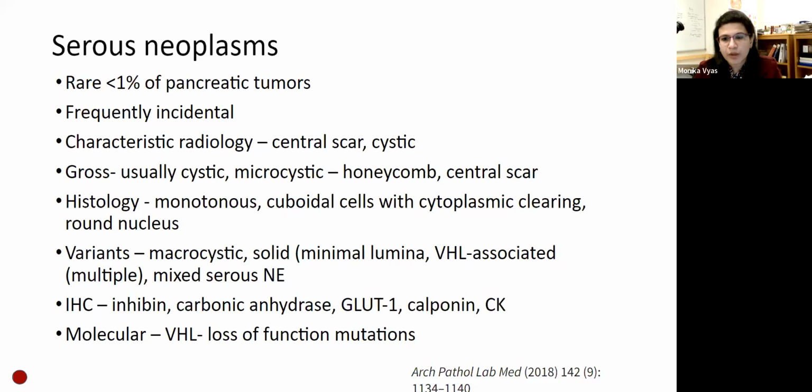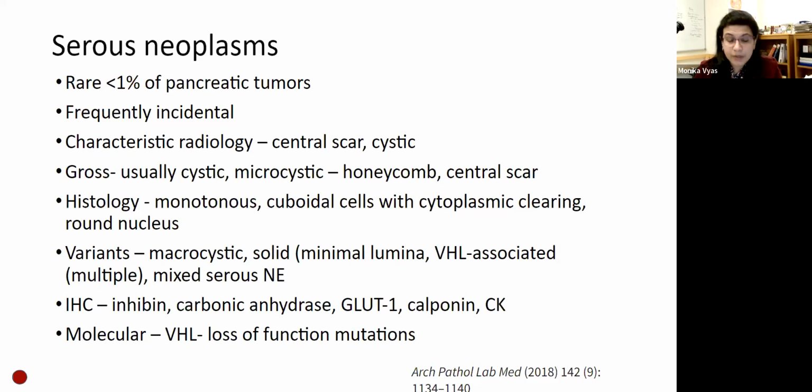Often we don't see resections of these cases because these patients just get followed up. They have a very benign course, but sometimes when they have atypical appearance on imaging, then patients may end up getting resections. So usually they have this small multicystic appearance, but oligocystic variants of serous cystadenomas have also been described.